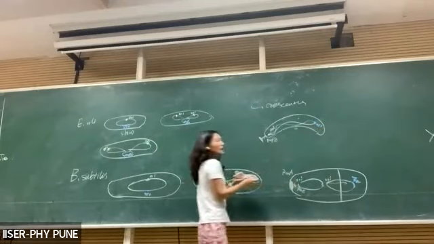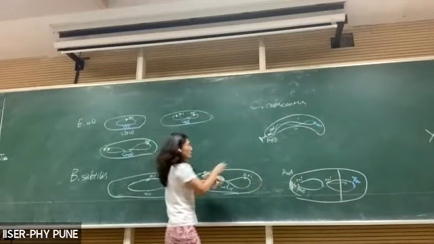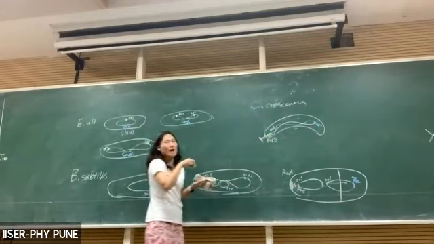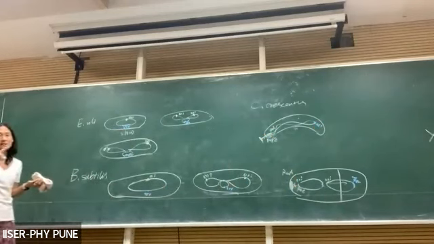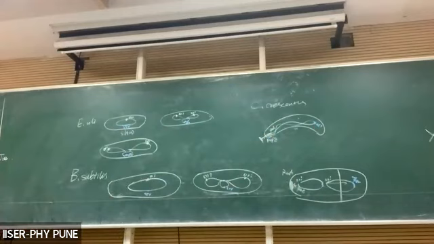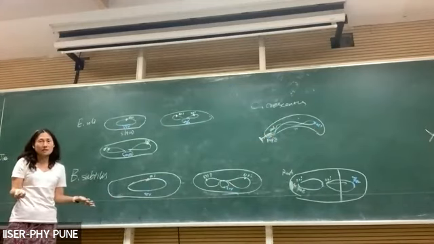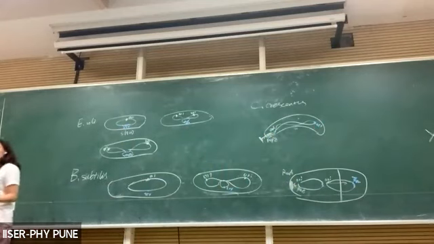TER is on the other side, so this is completely anchored. Ori is always towards the stalk side and TER is towards the other. With this type of orientation, you start thinking about how you replicate it and keep this orientation after you finish replication. That's where the chromosome segregation comes in.